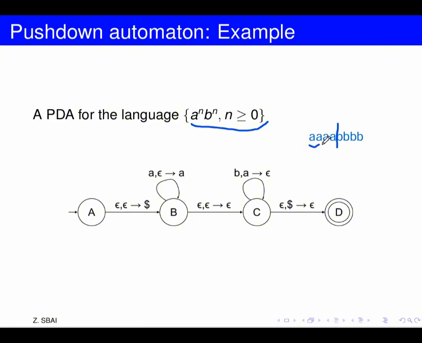The first part with A's. With each A, we will push a symbol A on the stack. And for the second part here, with each B that will be read, we will pop a symbol A from the stack. Now, since in the beginning and at the end of this work, the stack is empty, we will start from this symbol with an empty stack, and at the end, we'll check if the stack is empty.